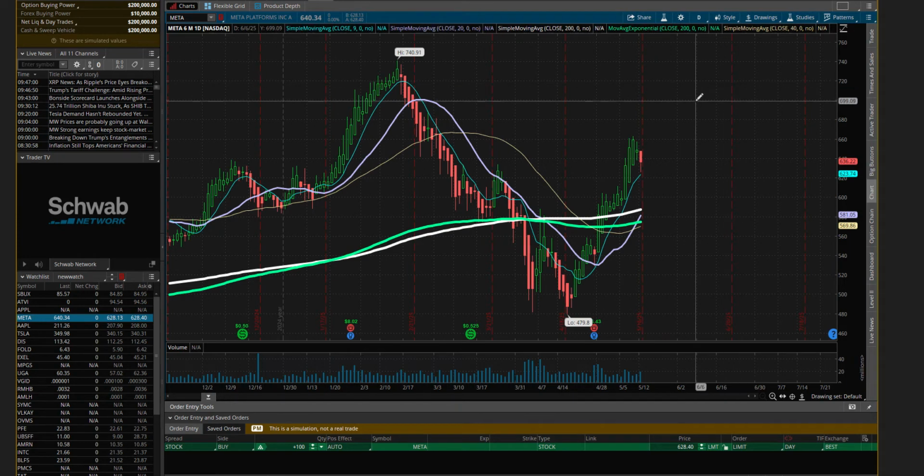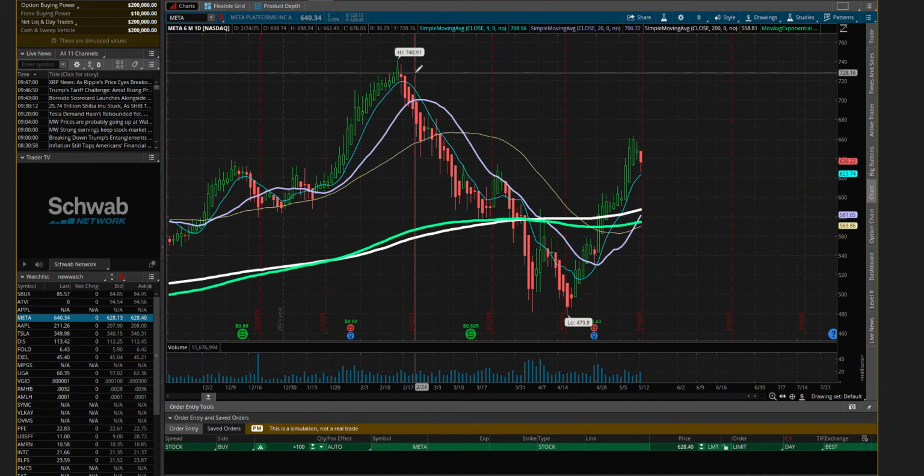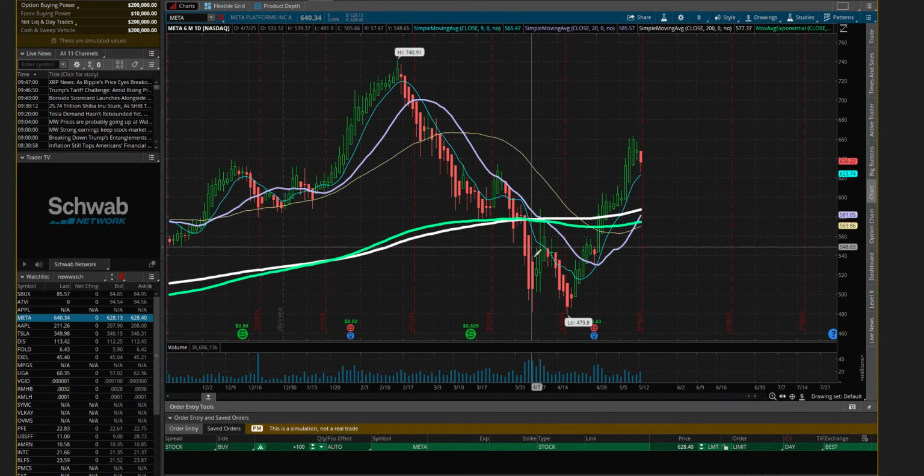Heiken Ashi kind of makes it a little easier to see. You can just stay short until it turns green and stays green. Even though you got a 3-bar pullback, that's a normal type of pullback here.